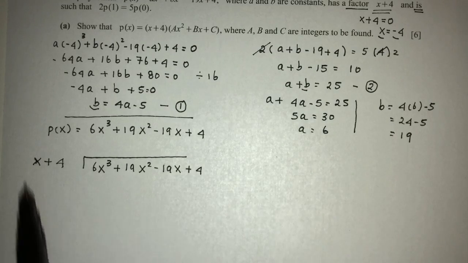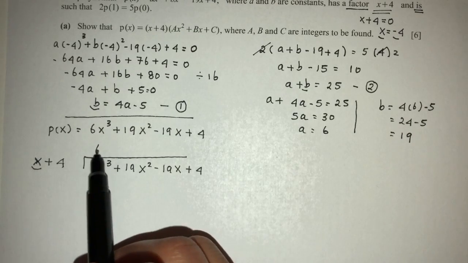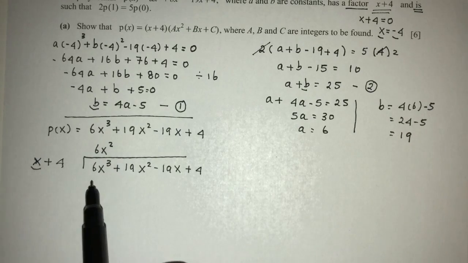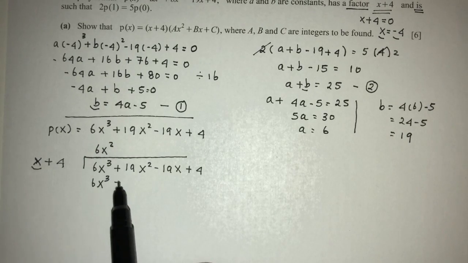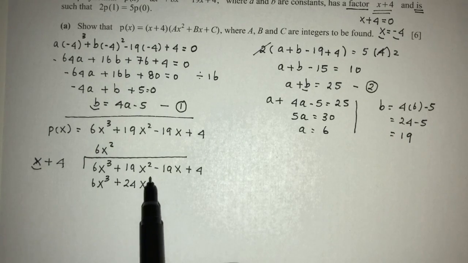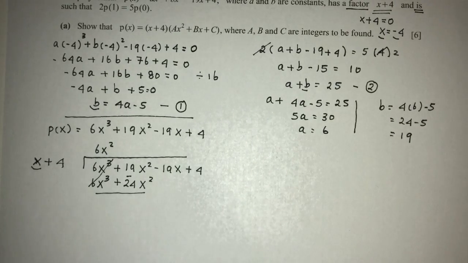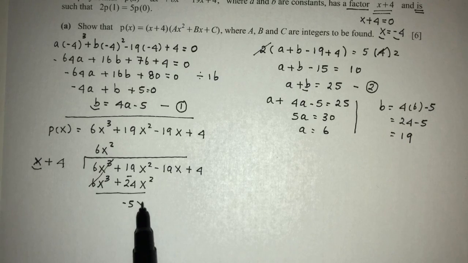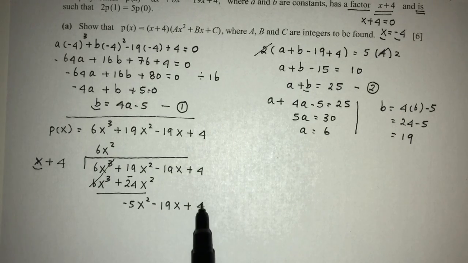Okay, so how can you make x become 6x cubed multiplied by 6x squared? You will have 6x cubed times this as well, so plus 24x squared. So cancel out. 19 minus 24 will be minus 5x squared minus 19x plus 4.